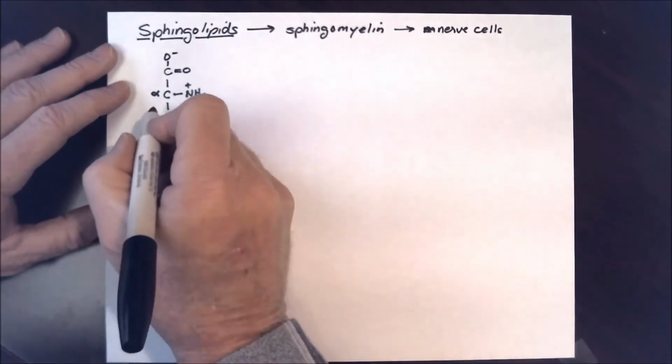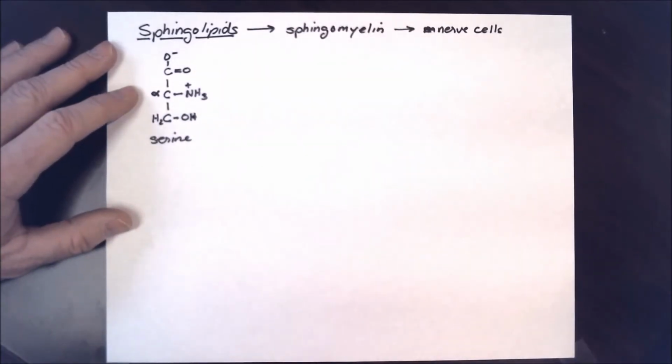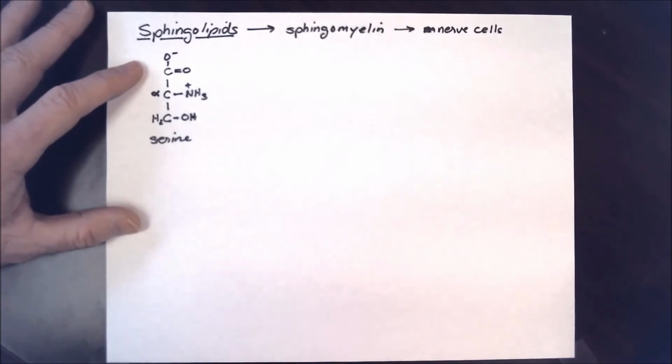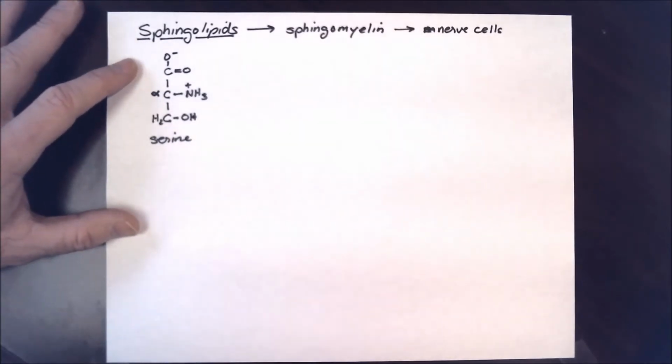So this is the amino acid serine, and this is going to be the 3-carbon backbone for sphingolipid synthesis, and this is going to replicate basically the same principle as the glycerol backbone for triglycerides and phospholipids.